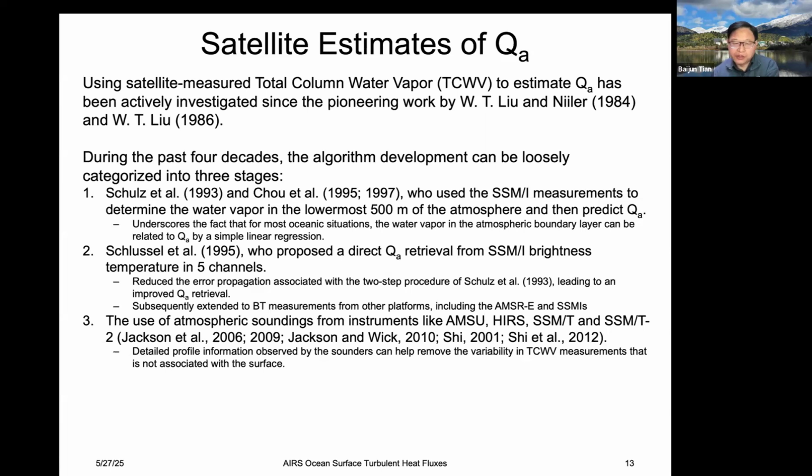First, the work of Schulz et al. 1993 and Chou et al. 95-97, who used SSM/I measurements to first determine the water vapor in the lowest 500 meters of the atmosphere, basically some boundary layer water vapor, then retrieved near surface humidity Q sub A.